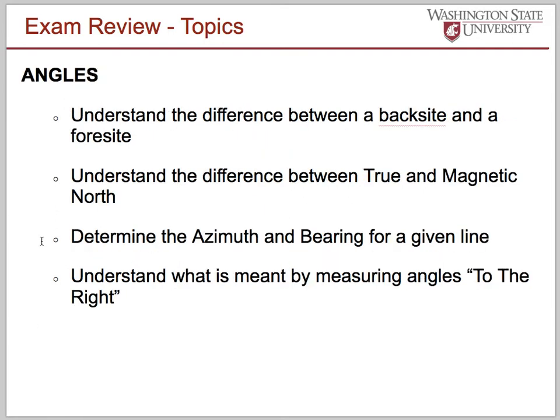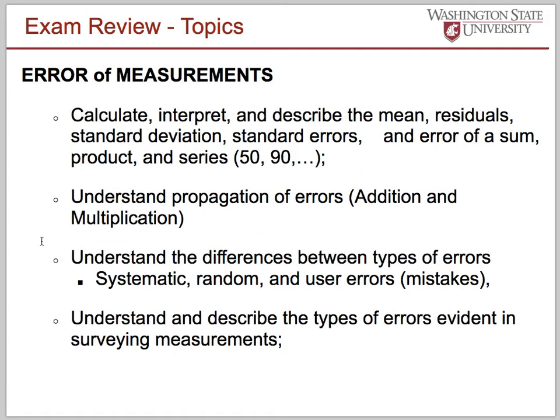And then big piece here is the types of errors. What's the difference between systematic, random, and user errors? Each of these is very specific. With systematic, we're really looking at something that can be accounted for with a calculation. So if you're off in the EDM, if the optics are off, you can calculate how far they're off and what that measurement should have been.